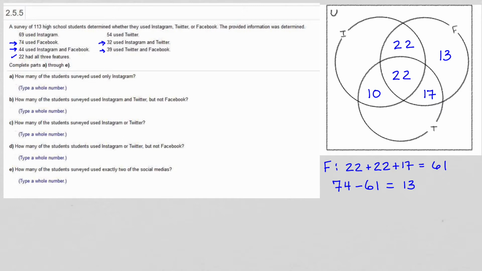And I'll do the same thing for Twitter and Instagram. So let's start with Twitter. For Twitter, I have this circle, and there are 10, 22, and 17 in there already. So I'll just go ahead and add those up.